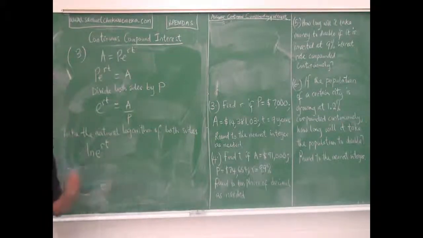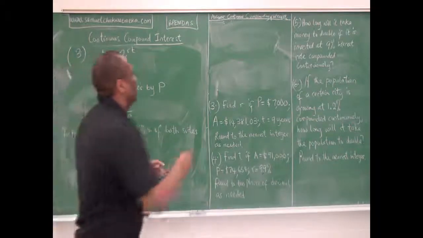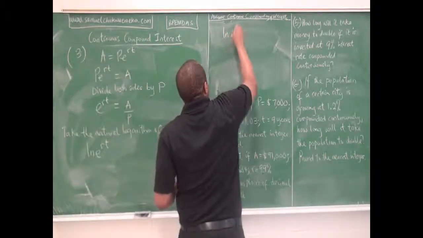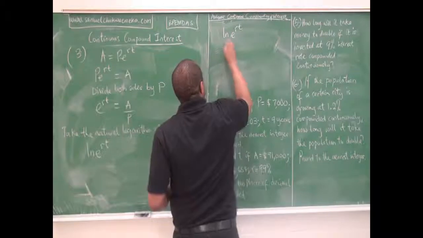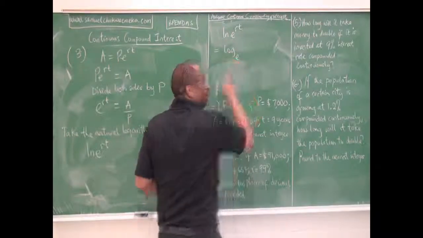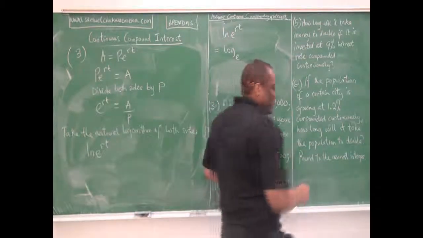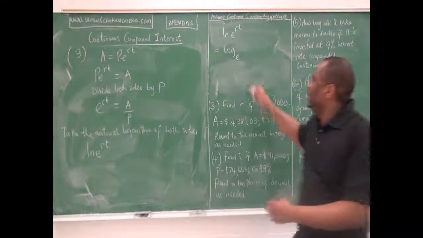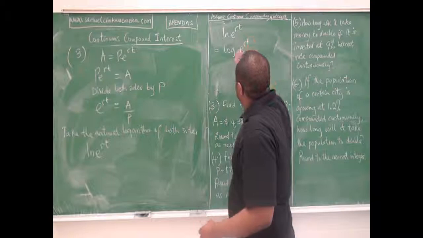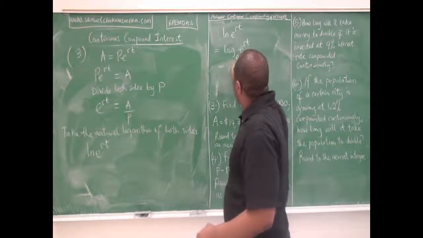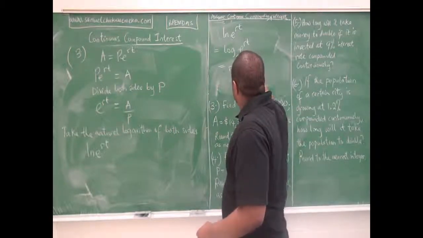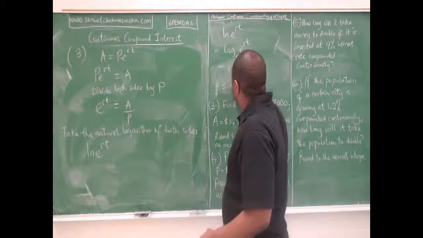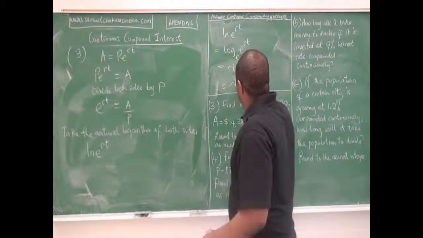Let me just write it. But look, your ln ERT is the same thing as log base E, because your ln, natural logarithm, is the log to the Euler constant as the base. Log base E of ERT. From laws of logarithm, this is RT log E base E. And this is RT times 1.